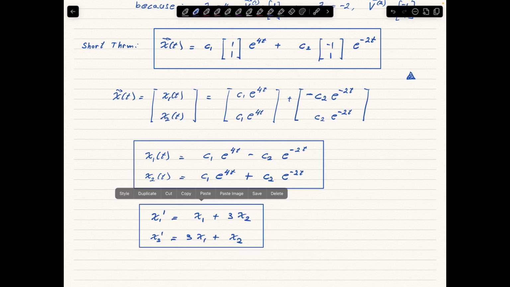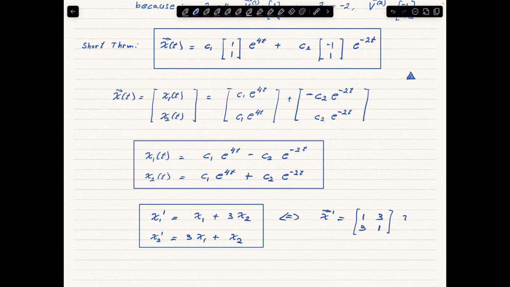Okay, so because this system is actually the system x prime equal 1, 3, 3, 1, this is our coefficient matrix, recall, x. So the theorem says this is the solution, therefore these are the solutions of this system. That looks strange because the system of equations has coefficients 1, 3, 3, 1, and there is no 3 anywhere around.